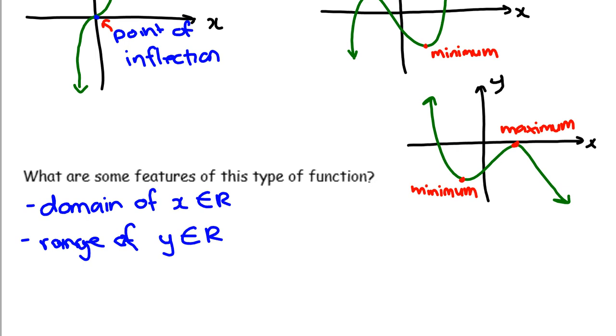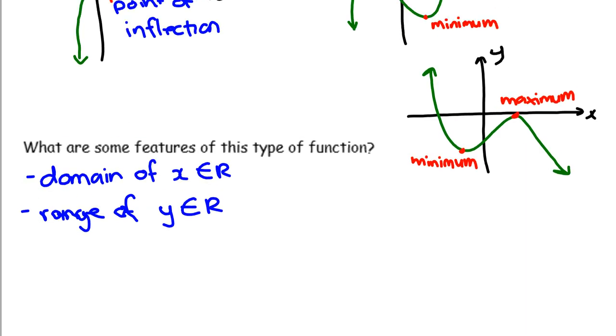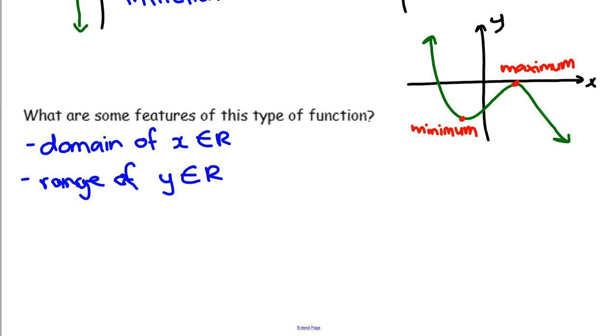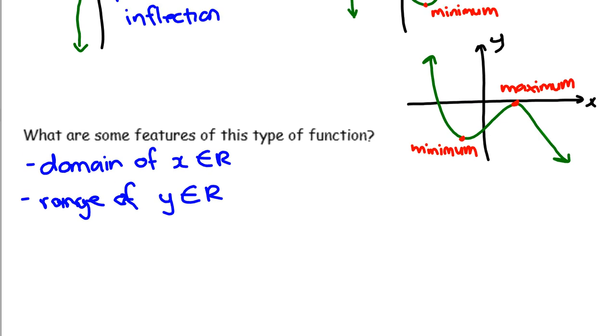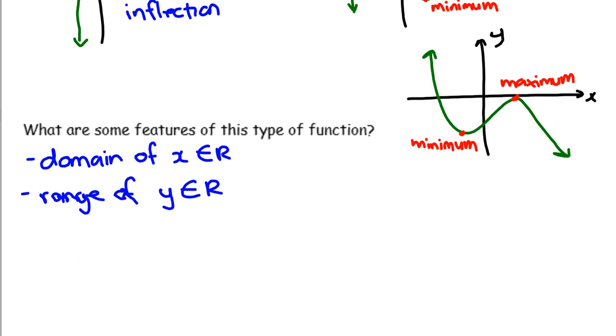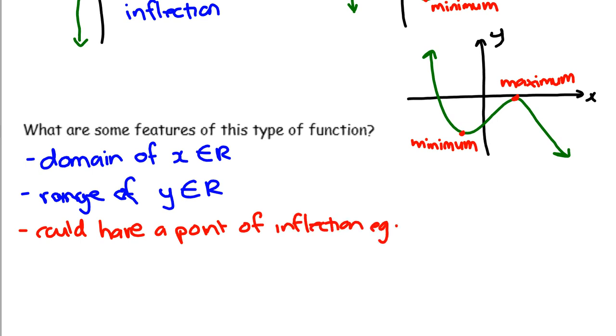What are some other features of these kinds of graphs? According to the first one, you could have a point of inflection, e.g. for y equals x cubed minus 2.